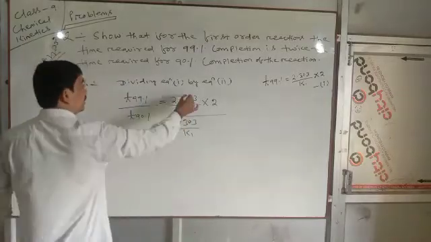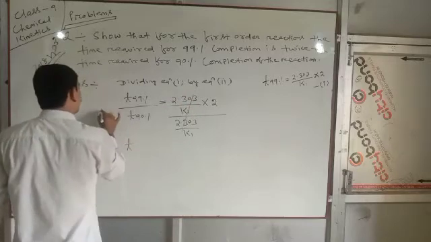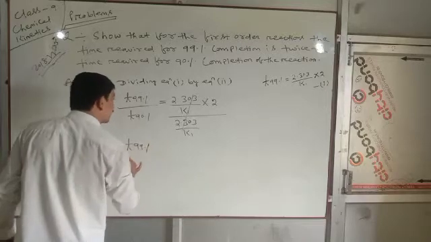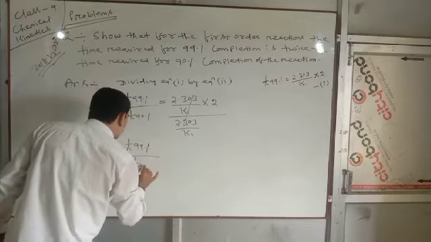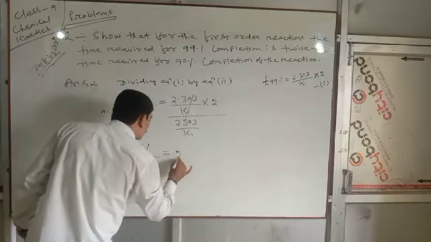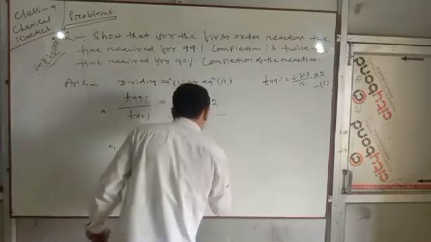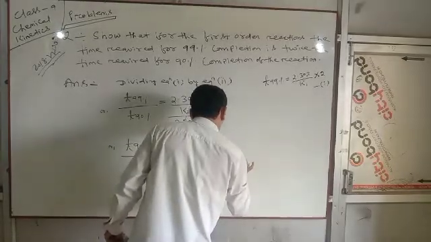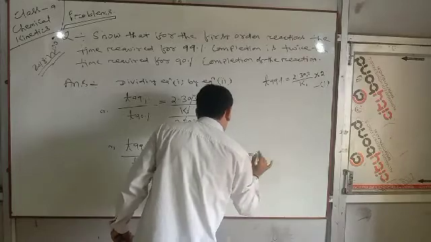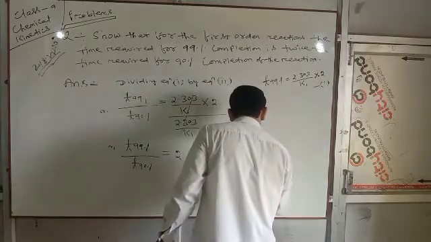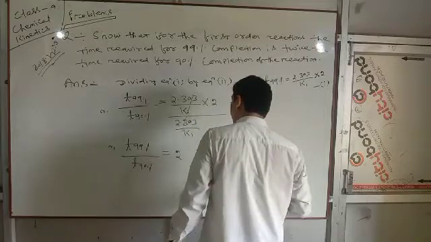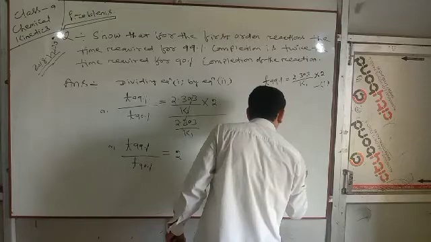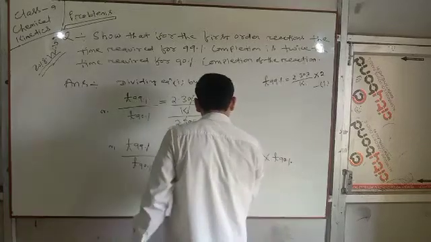So look at this, cancel. So t 99% divided by t 90% equals 2, or t 99% equals 2 into t 90%.